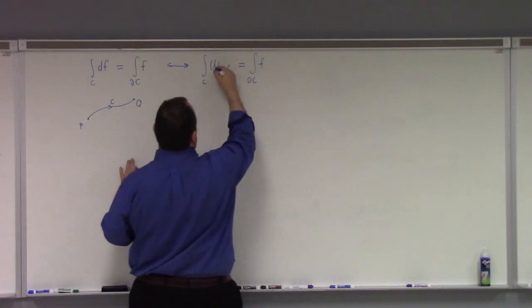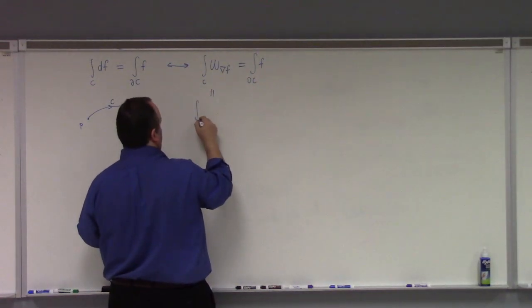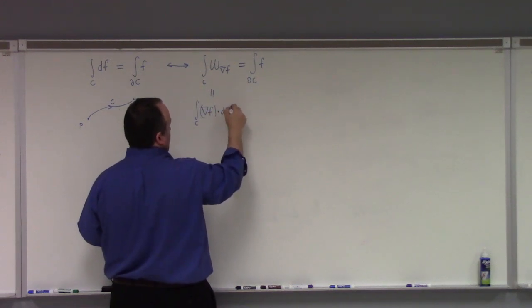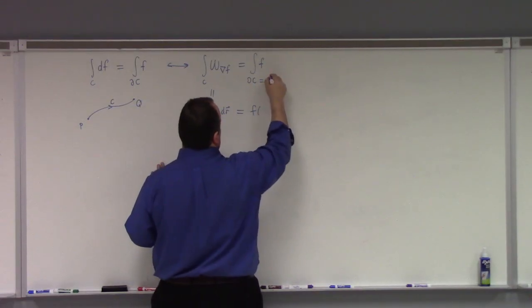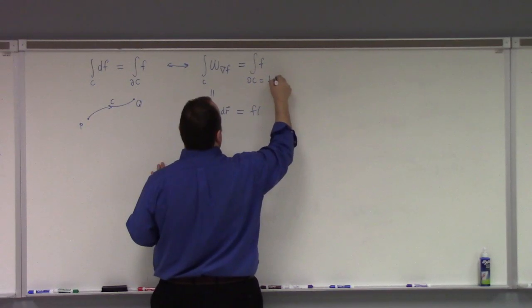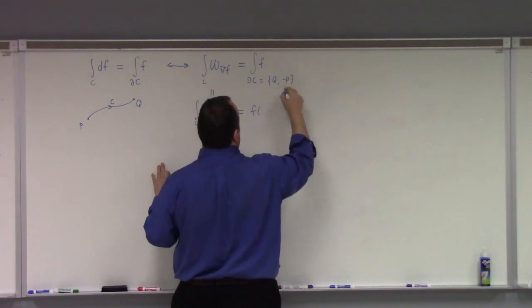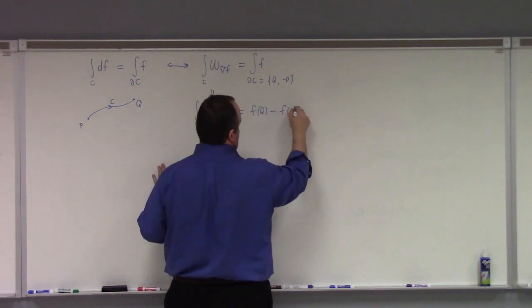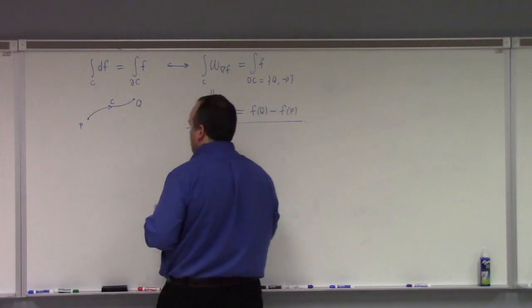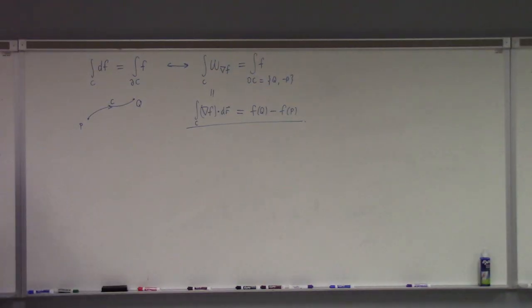Now this is equal to the integral over the curve of the gradient of f dot dr, which is equal to, what's this? Well, the boundary of the curve is basically q minus p, and so when you evaluate that, you get f of q minus f of p. That, my friends, is the fundamental theorem of calculus for line integrals. So the generalized Stokes theorem in this context is the fundamental theorem of calculus for line integrals.